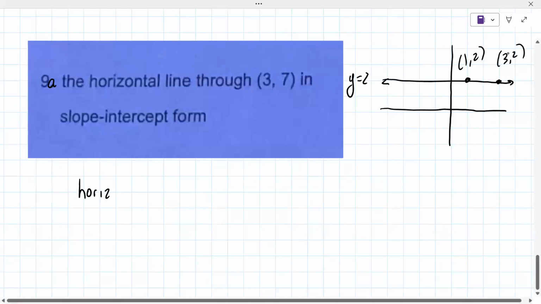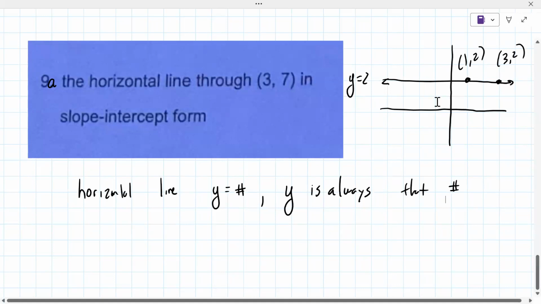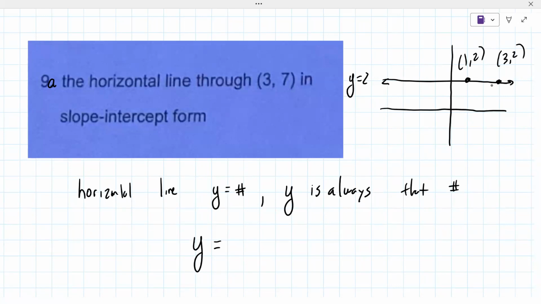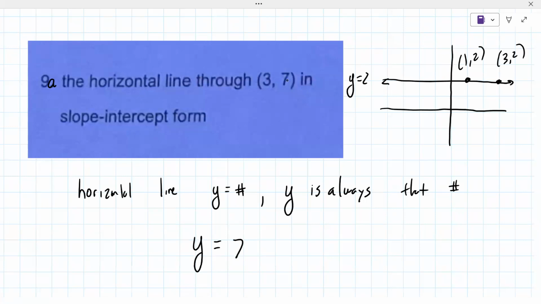In a horizontal line, which is written as y equals a number, the way to remember it is that y is always that number. It doesn't matter where you are on the line, y is always that number. So in this case, the answer is y equals whatever the y value is here, which is 7. The horizontal line through that point is always the y value, because y is always that number.